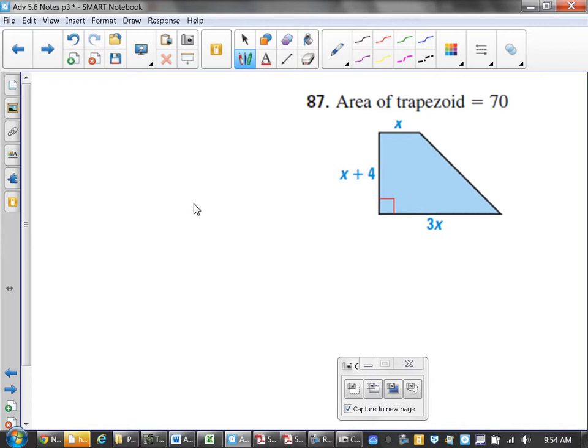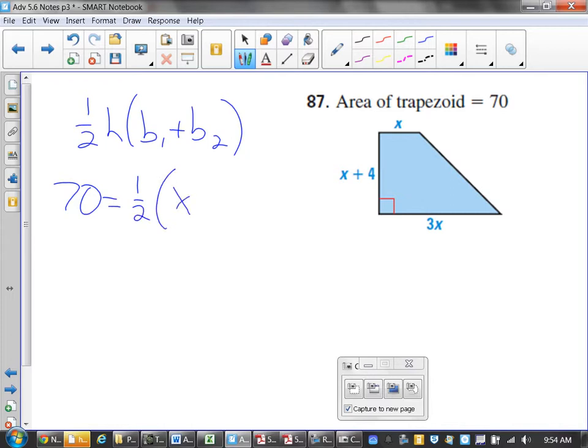So the area of a trapezoid is 1/2 the height times the sum of the bases. So 70 has to equal 1/2 of x plus 4 times 4x. Okay? So you have 1/2 the sum of the bases.